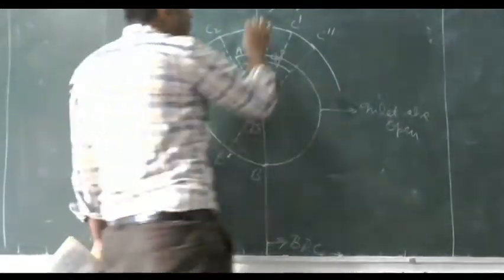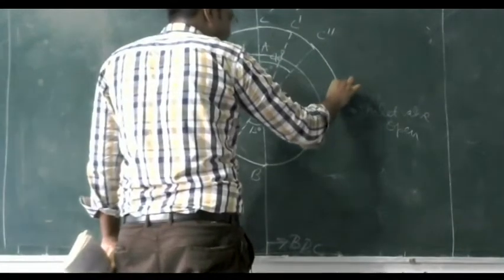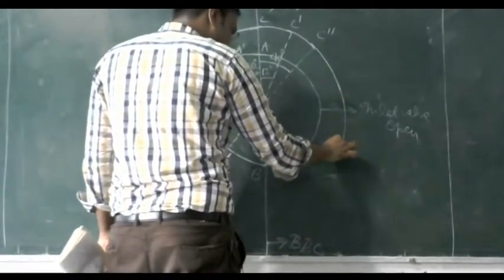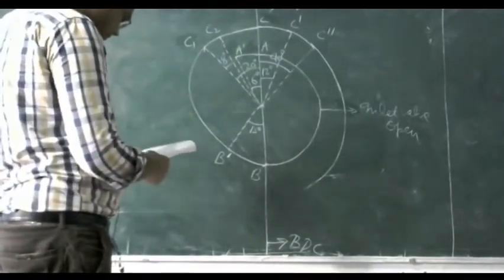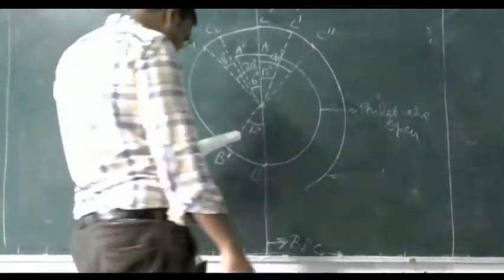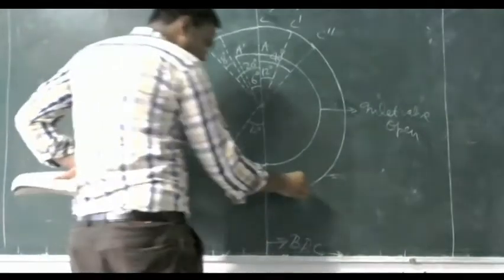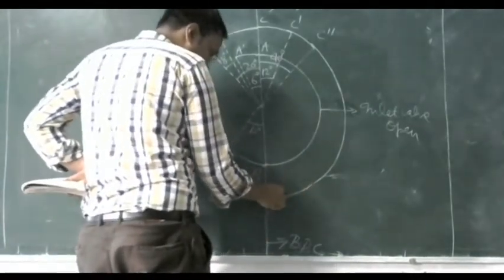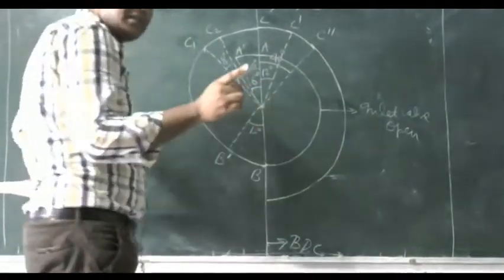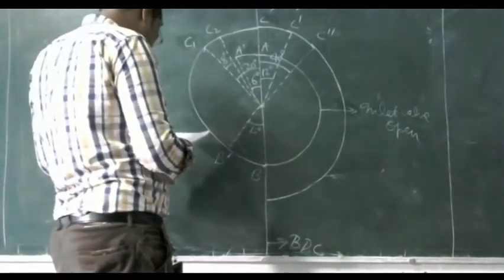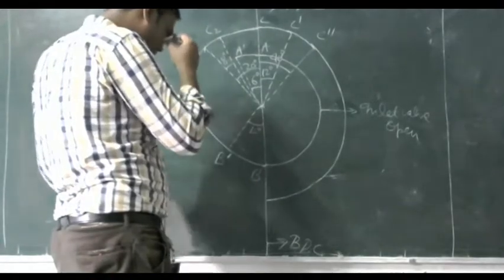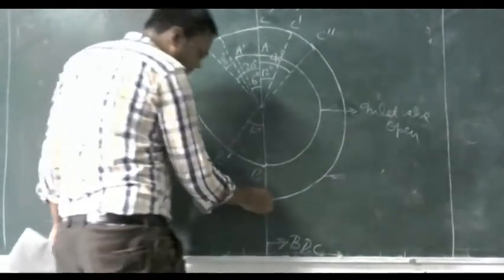So from point C, expansion process proceeds, until expansion is completed at point T1.